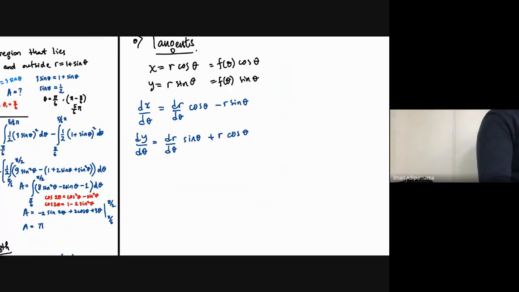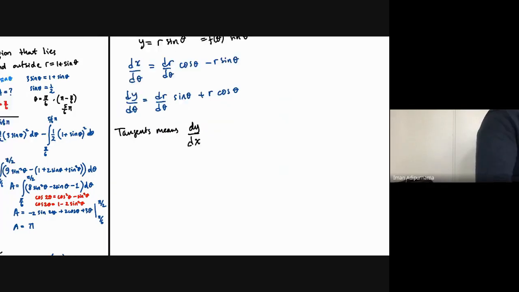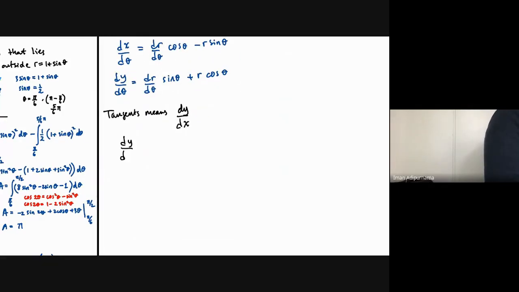Okay, the definition for the tangent: tangent means dy over dx, right? The gradient. So dy over dx is dy over d theta over dx over d theta.